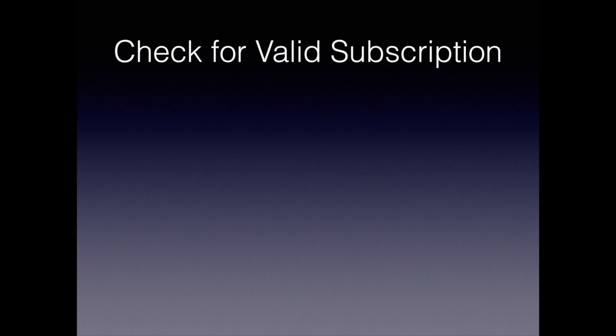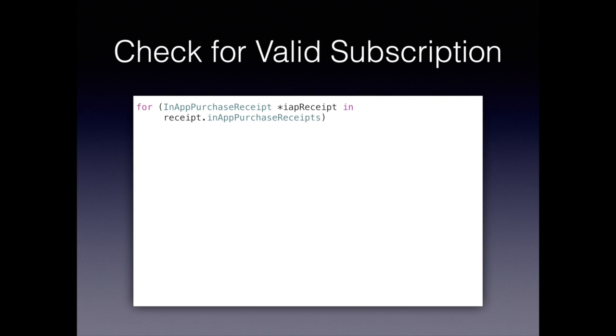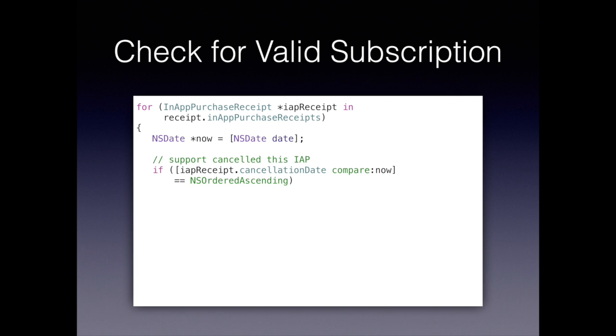So once we have the receipt and we have verified that it matches for the bundle identifier and for the app version and a few other things, how do we know that there is an actual valid subscription? Well, that's quite easy. In this case, my wrapper purchase receipt has got a property in-app purchase receipts. I iterate through them, and the first thing that I do is I check for the cancellation date, because in-app purchases can be cancelled by iTunes support.